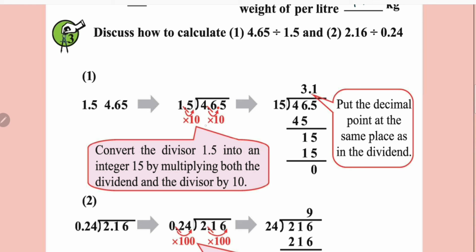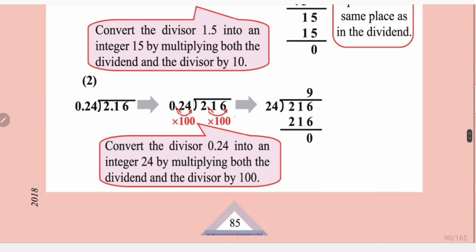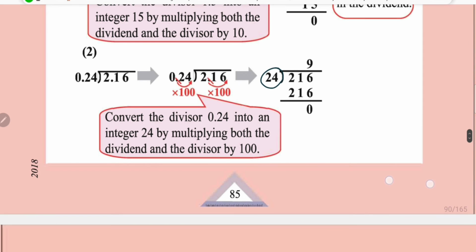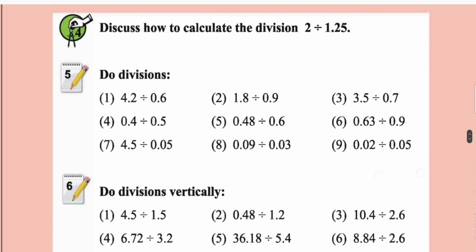Doing the division, this is the first step, this is the second step. Multiplying with 100, that means making the divisor an integer. First make it an integer, it will be easier for you to divide. That is what he is telling.